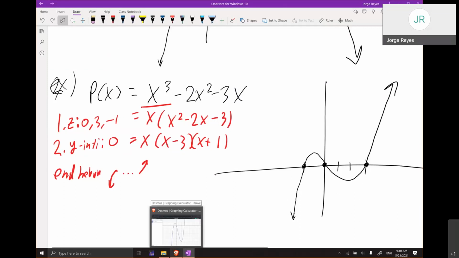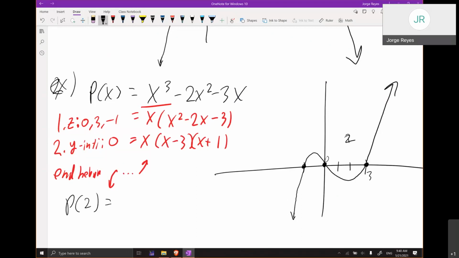If you want it to be more accurate though, what I would tell you to do is, here's 0 and here's 3, plug in what happens at like 2. If you plug in 2, you're going to get 8 minus 8 minus 3 times 2, so you're going to get negative 6.